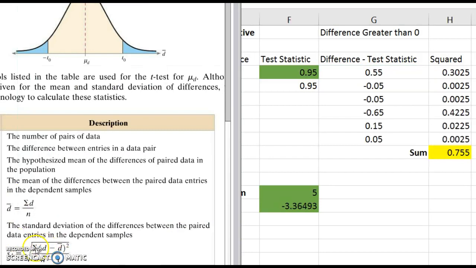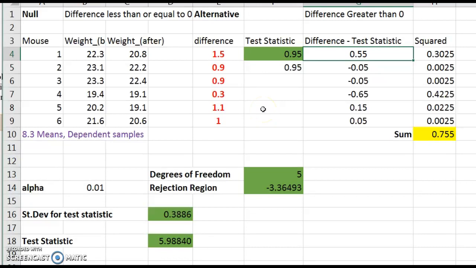And then finally you sum up all of those squares. And then to get your final result, we're going to take the square root of that sum divided by the degrees of freedom. So that's the main bulk of the work for these type of problems, because after that, the rest of it should be pretty familiar, or similar at least.